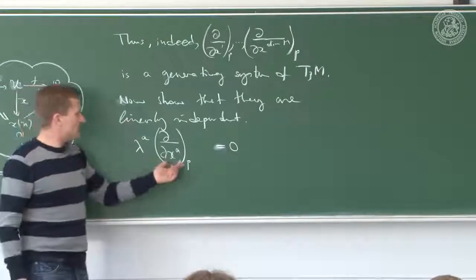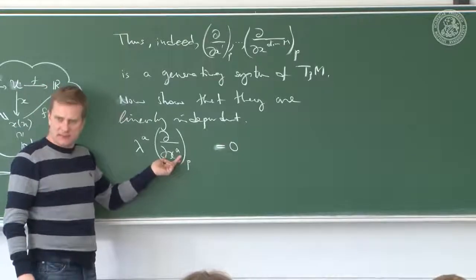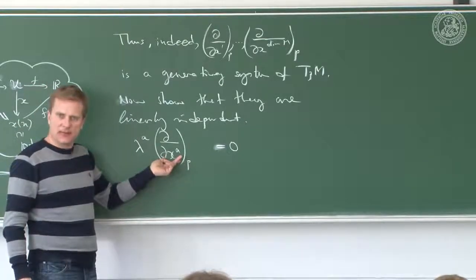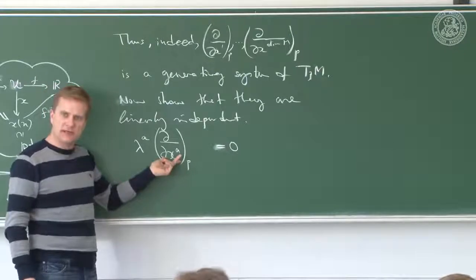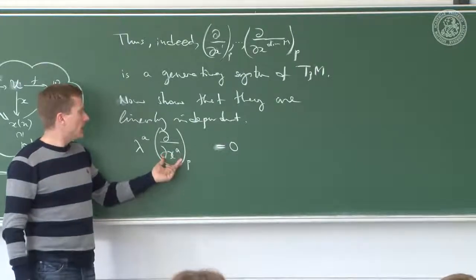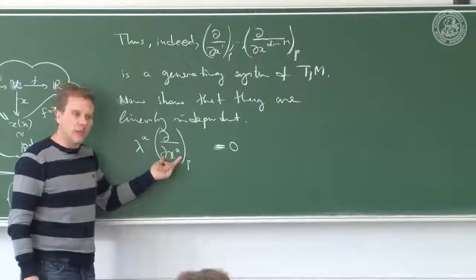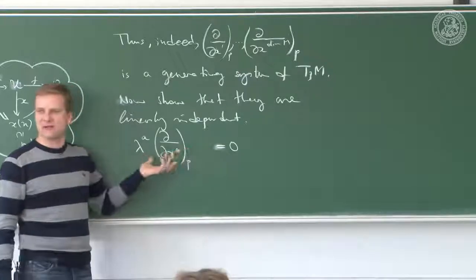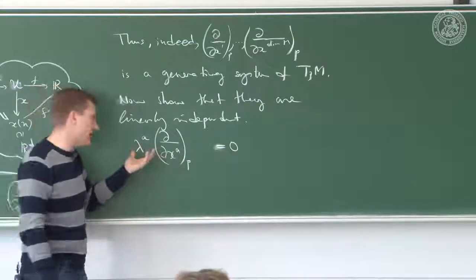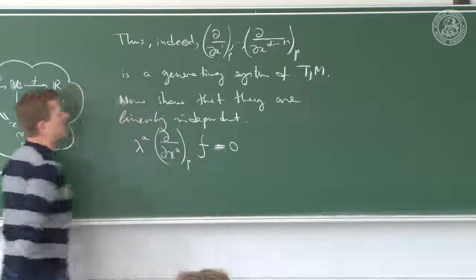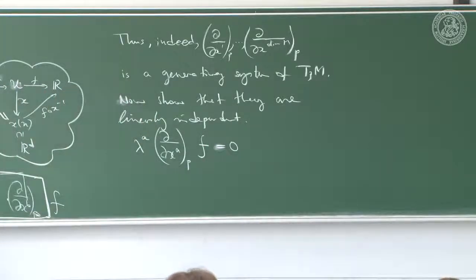Well, again, this is a tangent vector. It's an element of a basis of T_pM, so in particular, it's an element of T_pM, for each a. An element of T_pM are the tangent vectors, but the tangent vectors are these linear maps. They are the directional derivative operator. So this is actually an operator equation. How do you deal with this? Again, by letting it act on an arbitrary object in its domain.